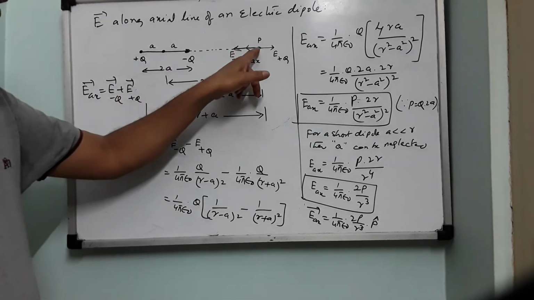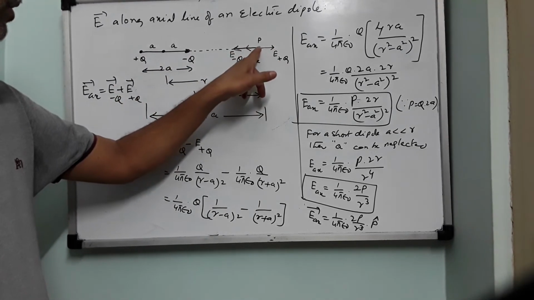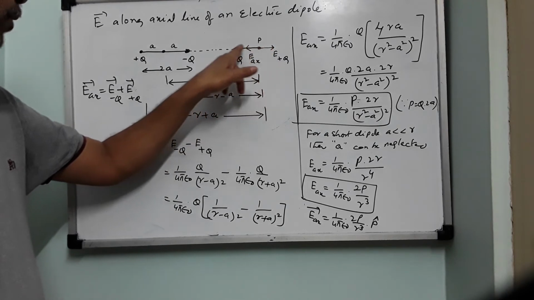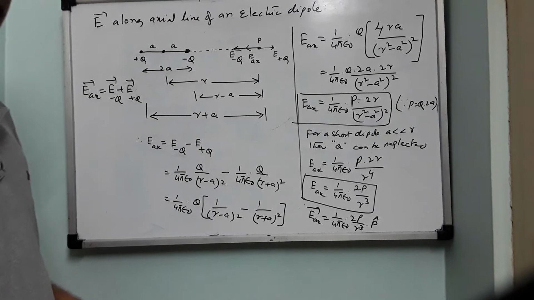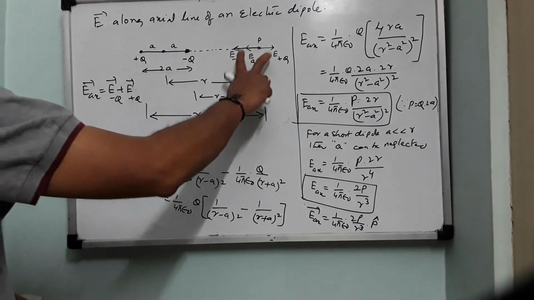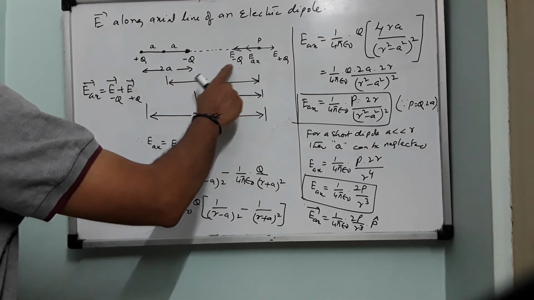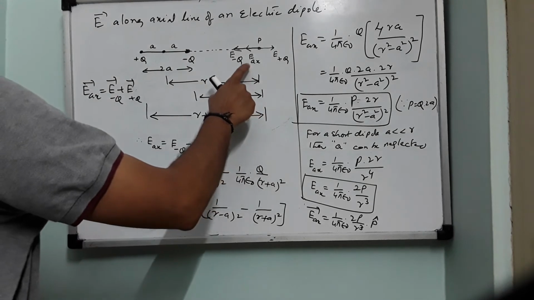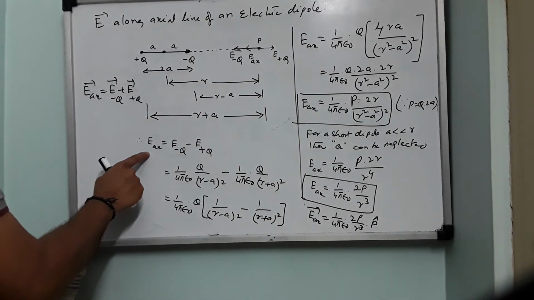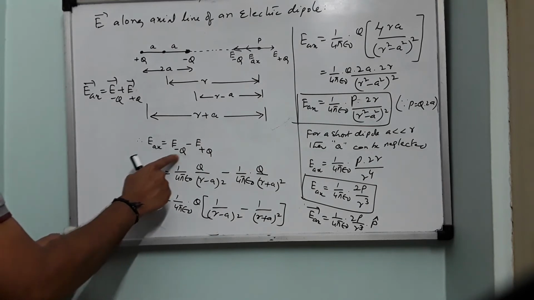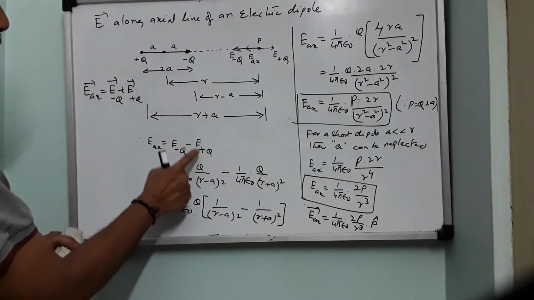Plus q will produce radially outward electric field, this one. You have shown this vector smaller in length as compared to this vector because minus q is closer to point P. Then as two vectors E plus q and E minus q are acting in the opposite direction, net field will be pointing towards the bigger vector, that is E axial. So directly you have come here, E axial equals E due to minus q minus E due to plus q.